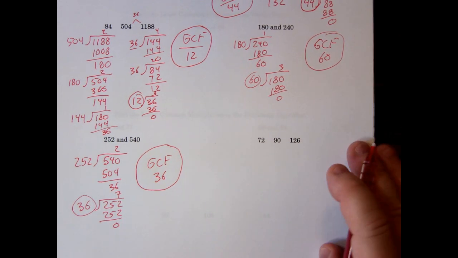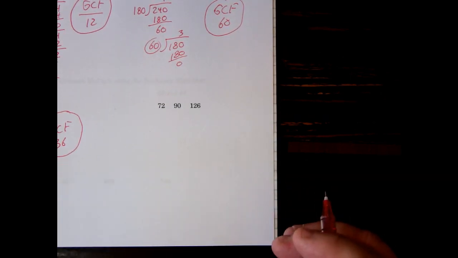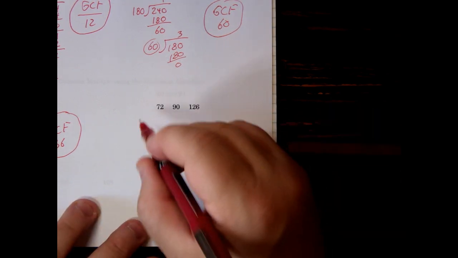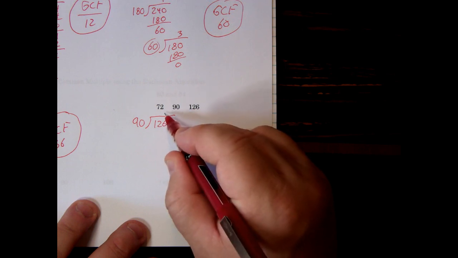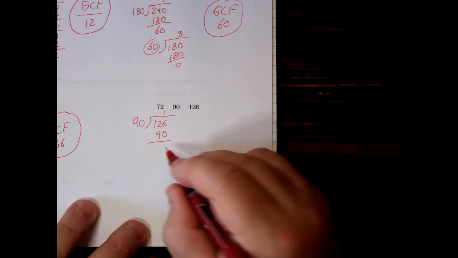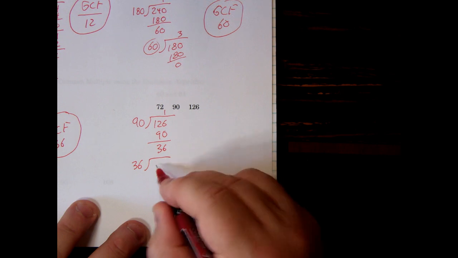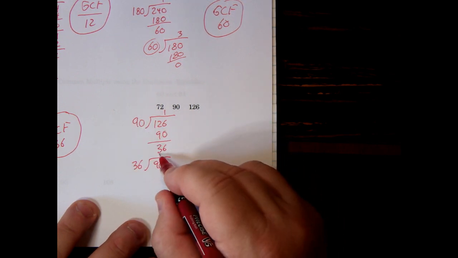All right. So try that with three numbers if you haven't already. Pause, come back. Remember to start with your larger two and then work your way down to the third one. All right, welcome back. How many times will 90 go into 126? Only once, because two of them would be 180. When you subtract 90, you get 36. How many times will 36 go into 90? That is twice, which is 72.